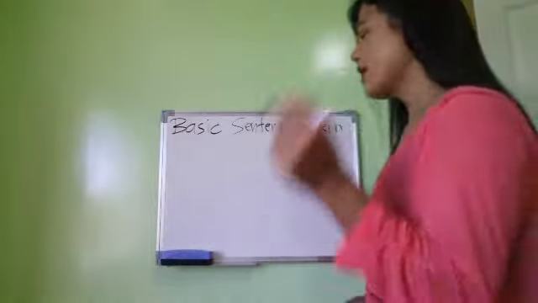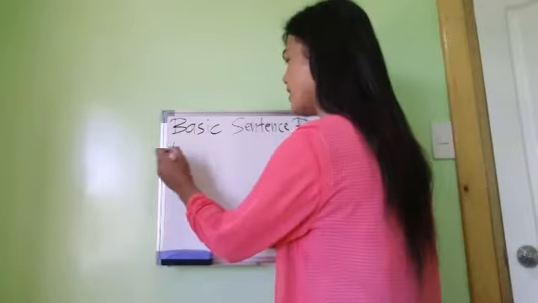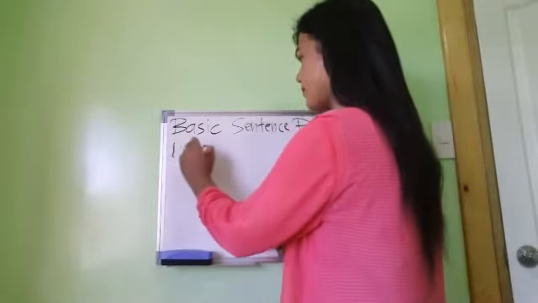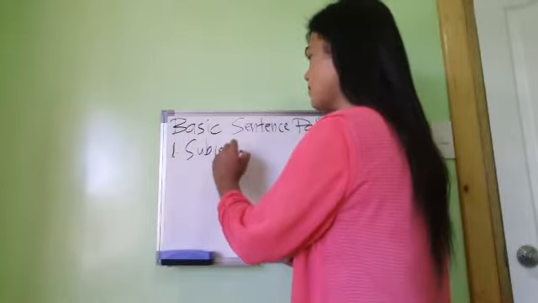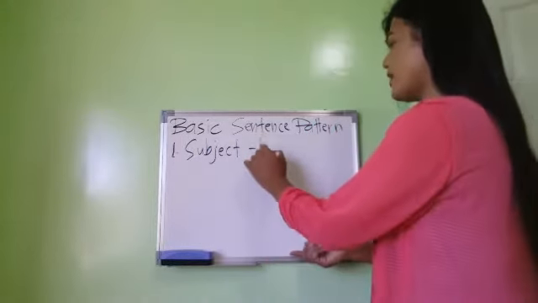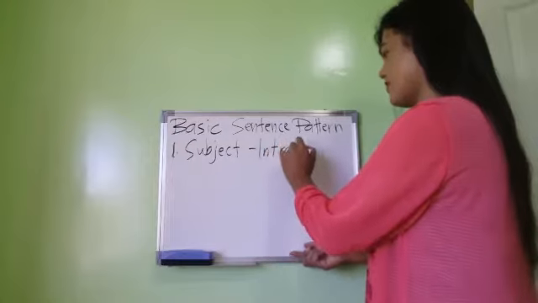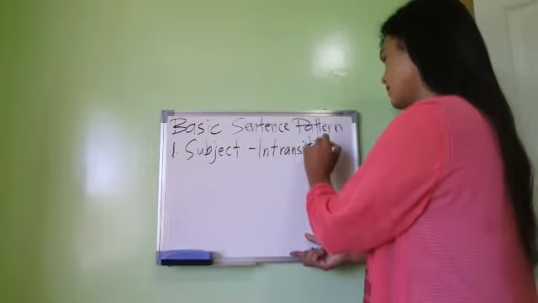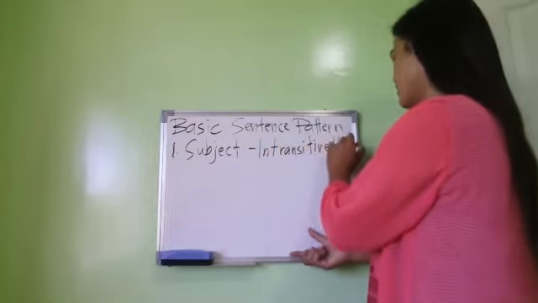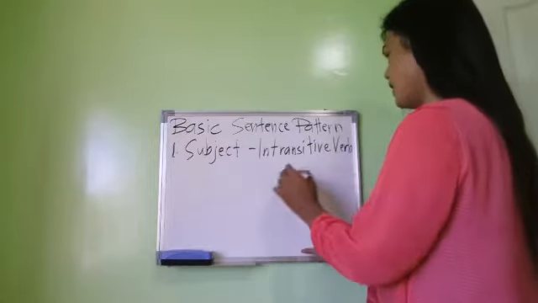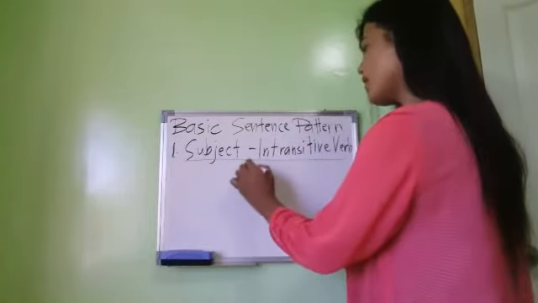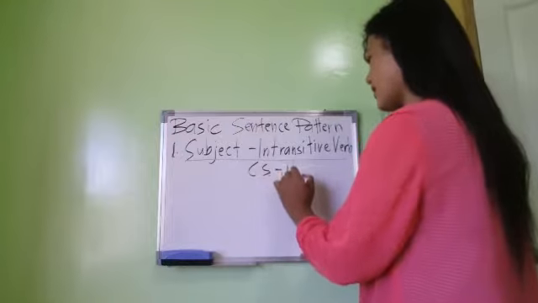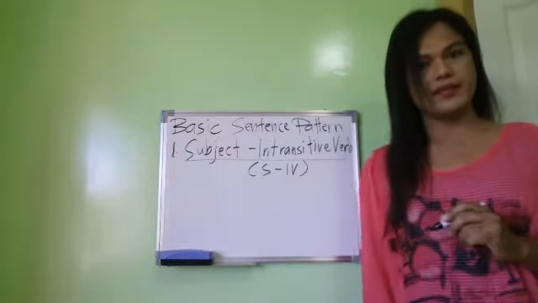Watch and learn. So basically, number 1 is this one. We have your subject and your intransitive verb. Or in short, if you want, you can call it the SIV pattern.